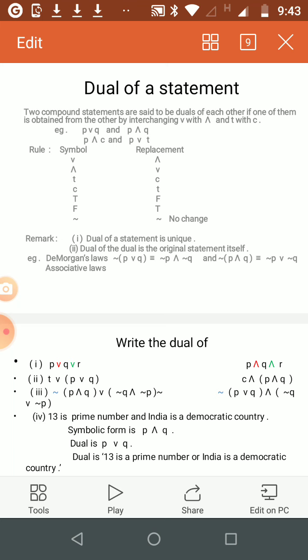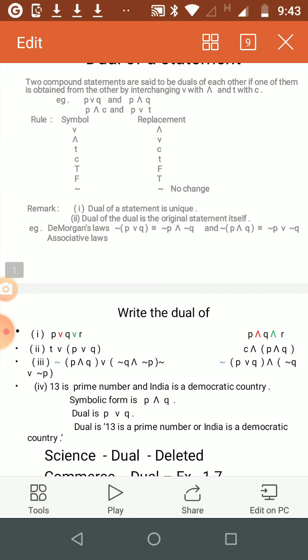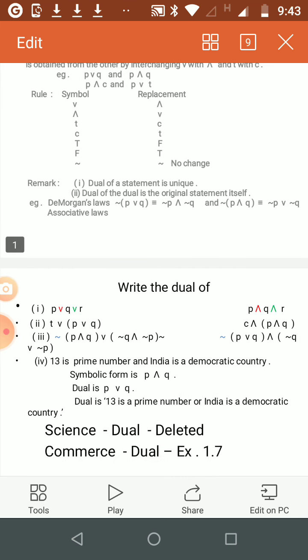In the first statement, and on the right hand side is replaced by or. And or on the left hand side is replaced by and in the second. So this way we can write the dual of the given statement very easily.